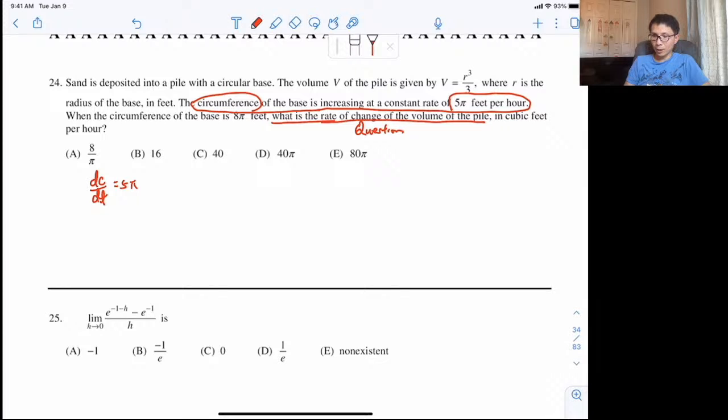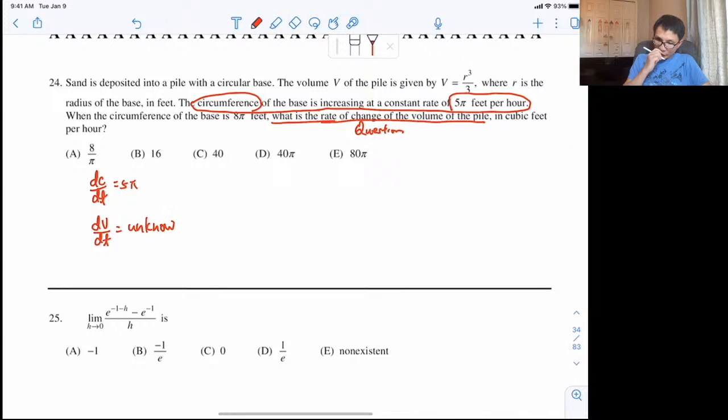What's the rate of change of the volume of the pile? Would it be the derivative of the volume? Yep, dV over what? dt. Yep, dV/dt is unknown.